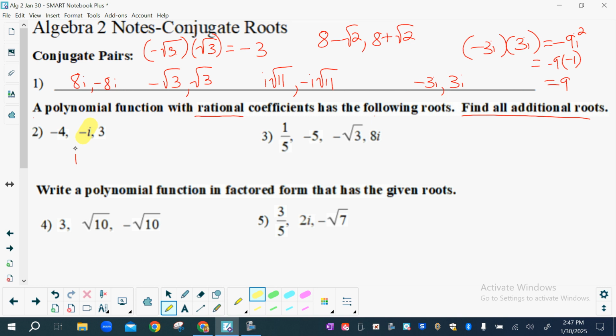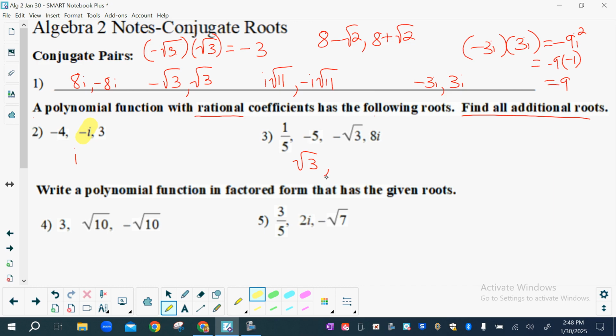I don't see any. Just kidding. Square root of 3, so positive square root 3, and then someone besides Derek, what would be another one? Because there's another one for number 3. Positive 8i or negative 8i?